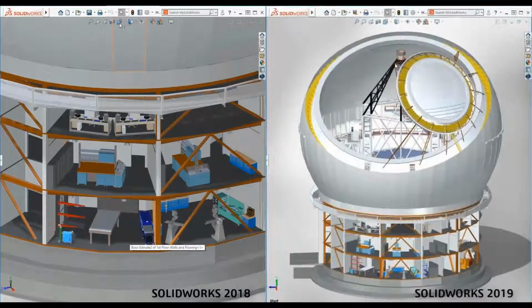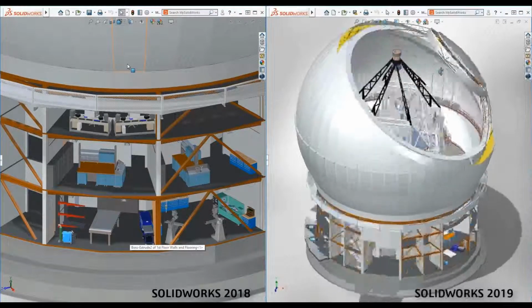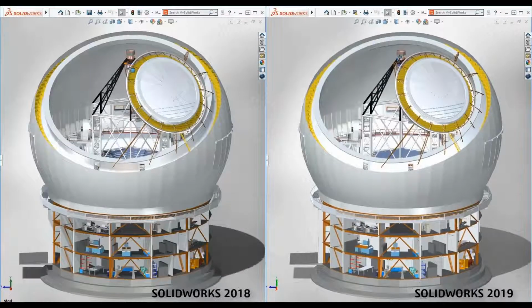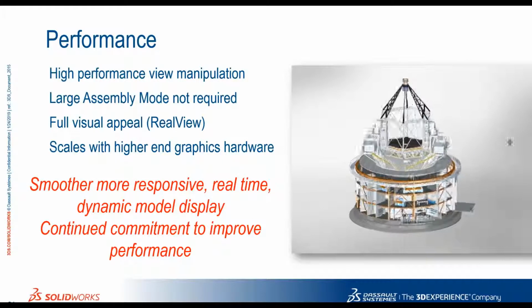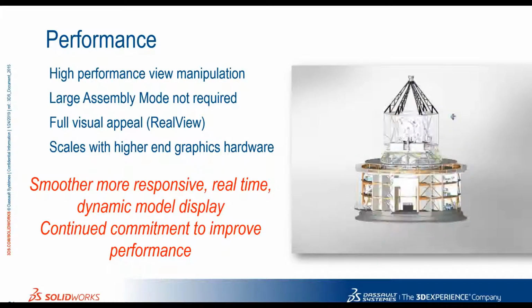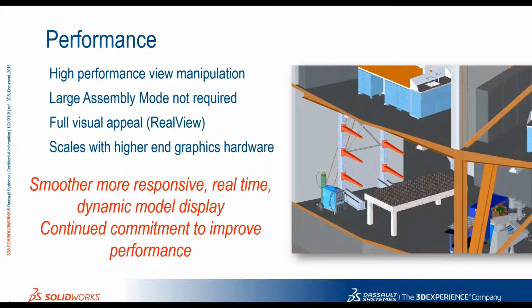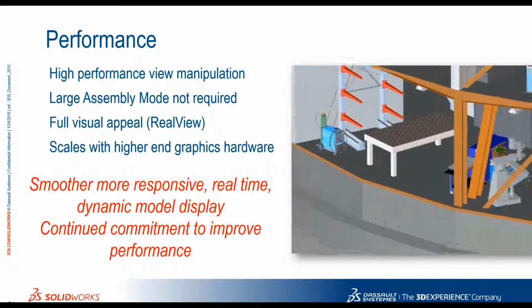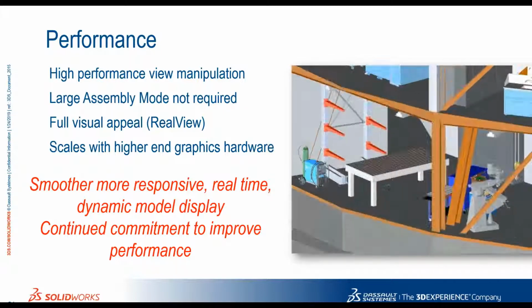So the performance shows us we have that high performance view manipulation, allowing us to take really complex assemblies and not have to downgrade them essentially to preserve the performance. We don't need large assembly mode as often, or even if we have maybe a smaller assembly, we don't need to necessarily go into large assembly mode to be able to use it.